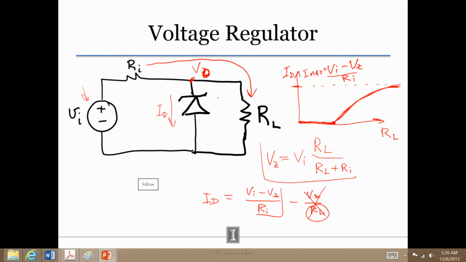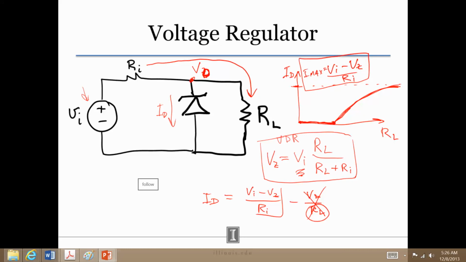If we just use the voltage divider, then the voltage across the resistor, at this point it wouldn't be V zener, would just, as RL increases and increases, start approaching VI. Okay? But the voltage regulator prevents that by essentially sucking away some of the current that would have otherwise been going through the load into the Zener diode. And the maximum current that it could suck away is given right here.